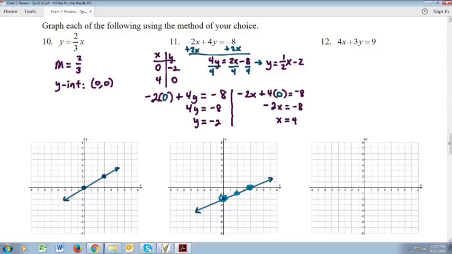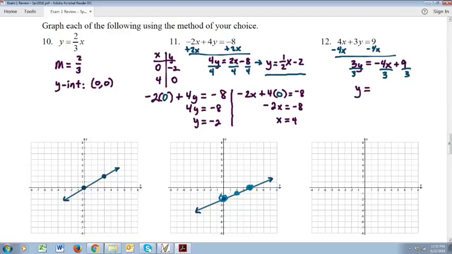Number 12. So I think 4 does not go into 9. I don't think I want to use the x and y-intercepts here. So let's go ahead and solve for y. Whoops, I didn't finish that up. So let's see, -4x on each side. And then we'll divide by 3.